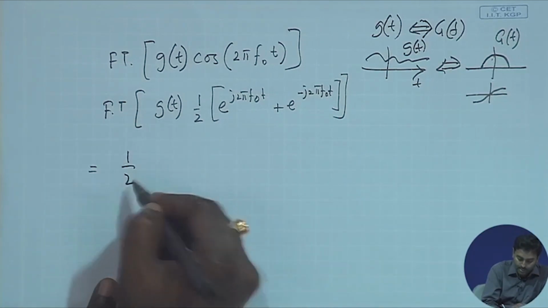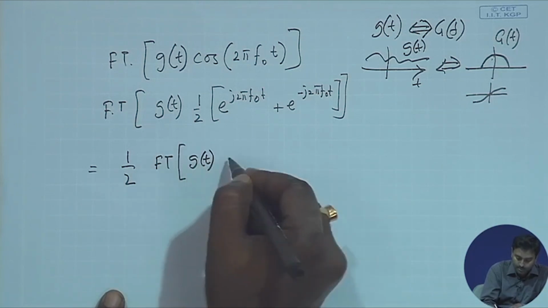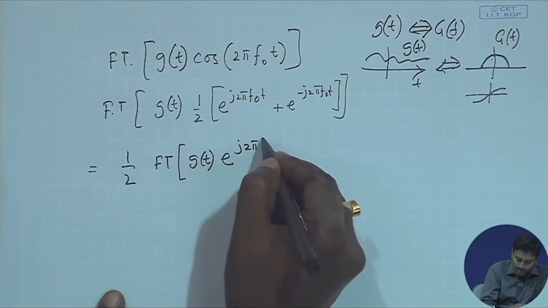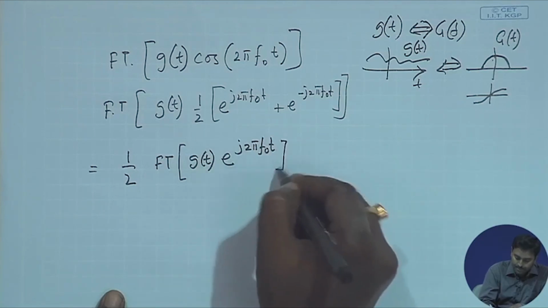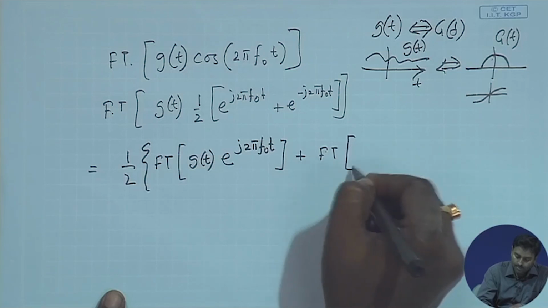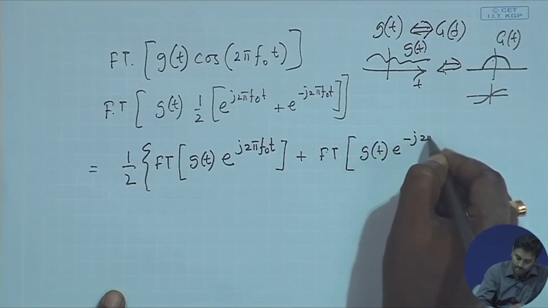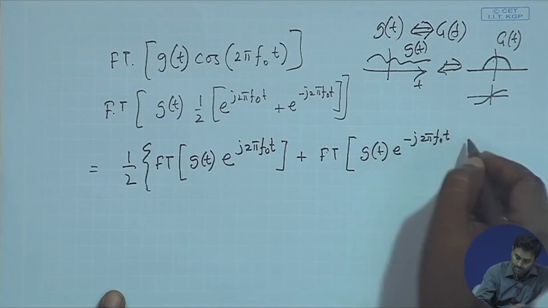So I can write half, the Fourier transform of g(t) times e to the power j 2 pi f0 t, plus the Fourier transform of g(t) times e to the power minus j 2 pi f0 t.